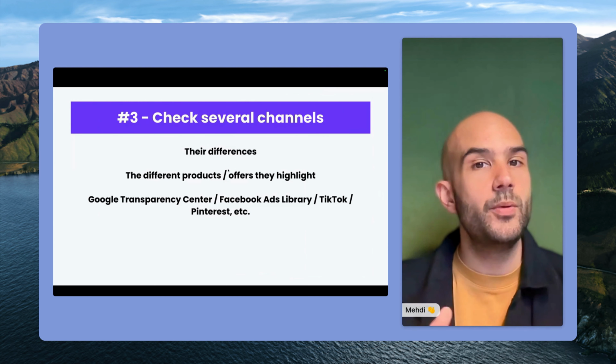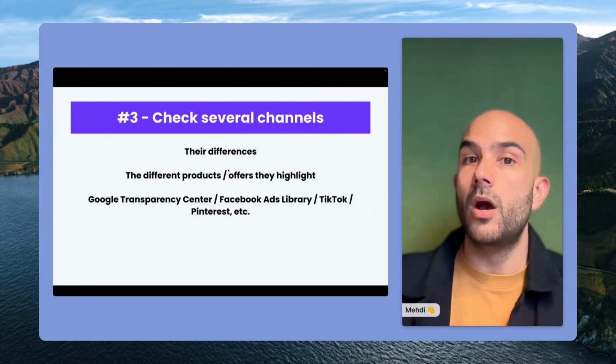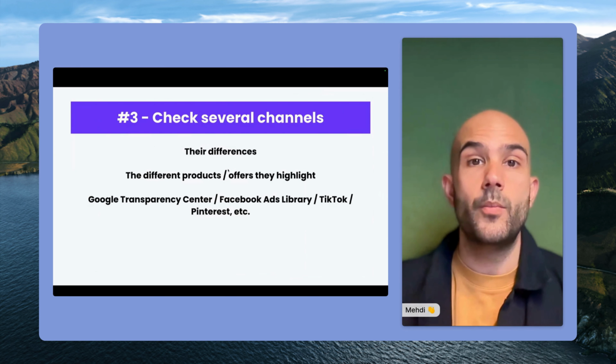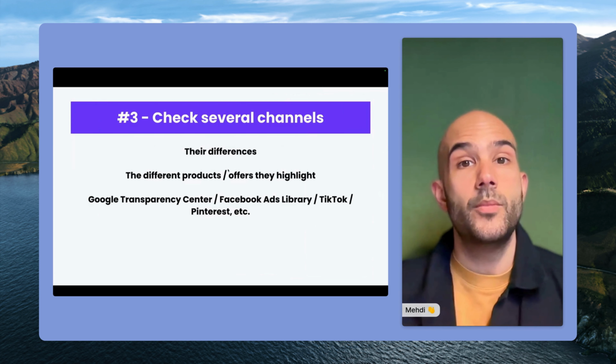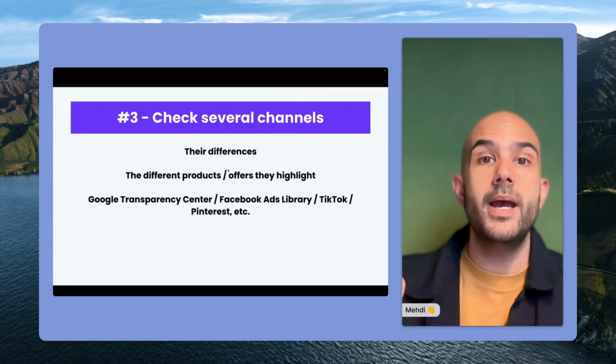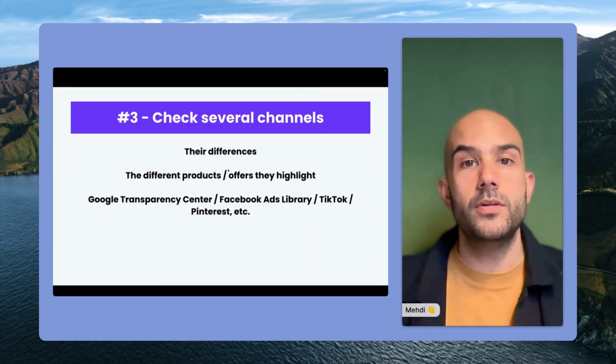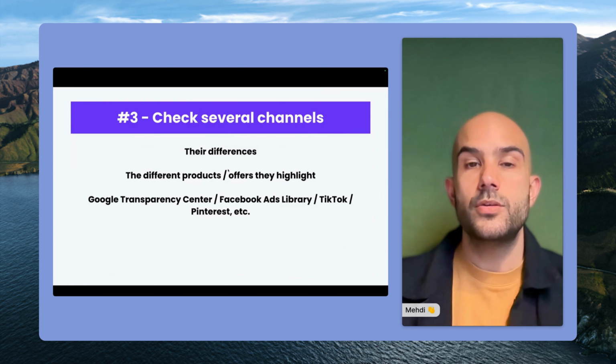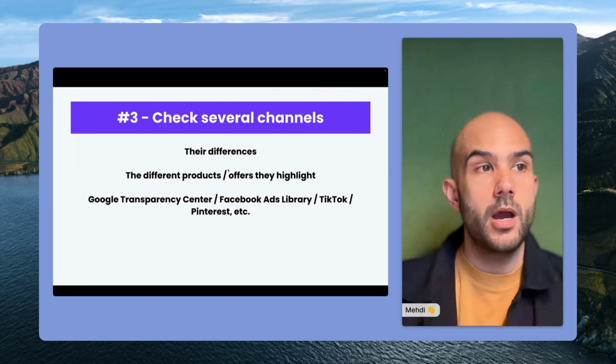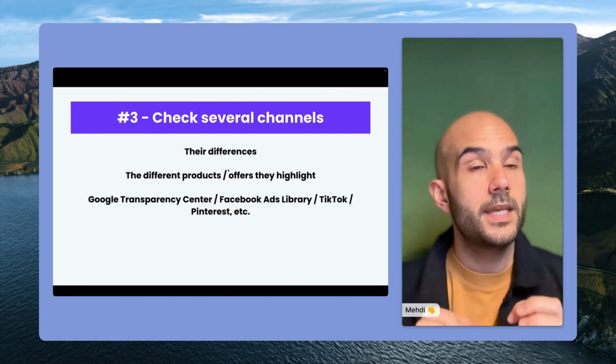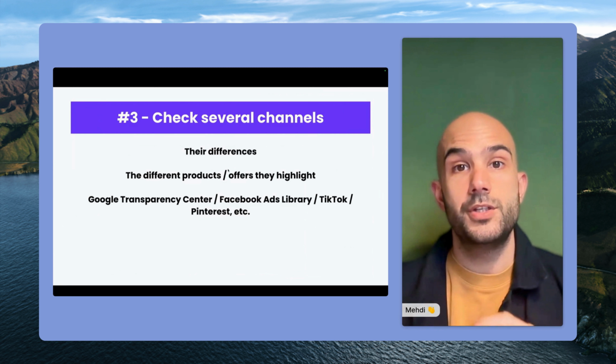You probably have very bottom of the funnel stuff on Google search for the queries with more intent, while you might have white papers and top of the funnel stuff on Meta. So it's really important, when you look at how a competitor is structuring their ads, to look at different channels.